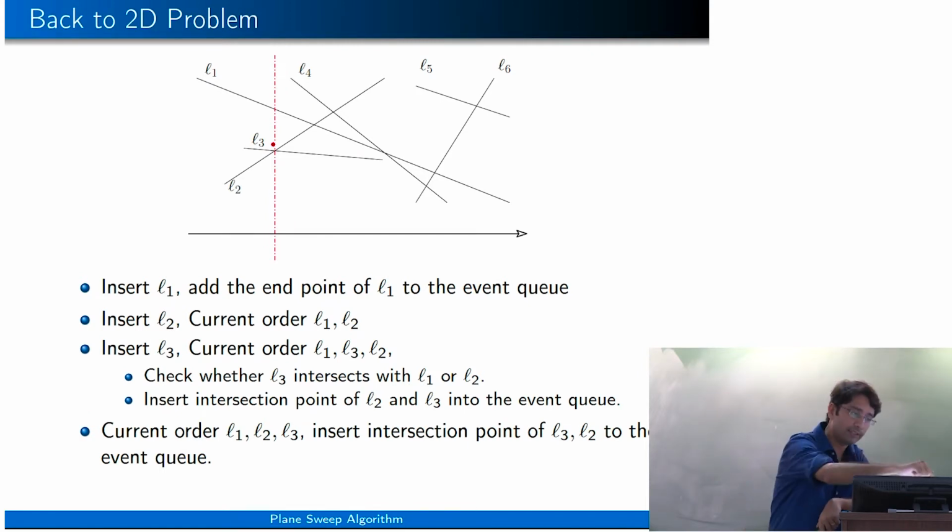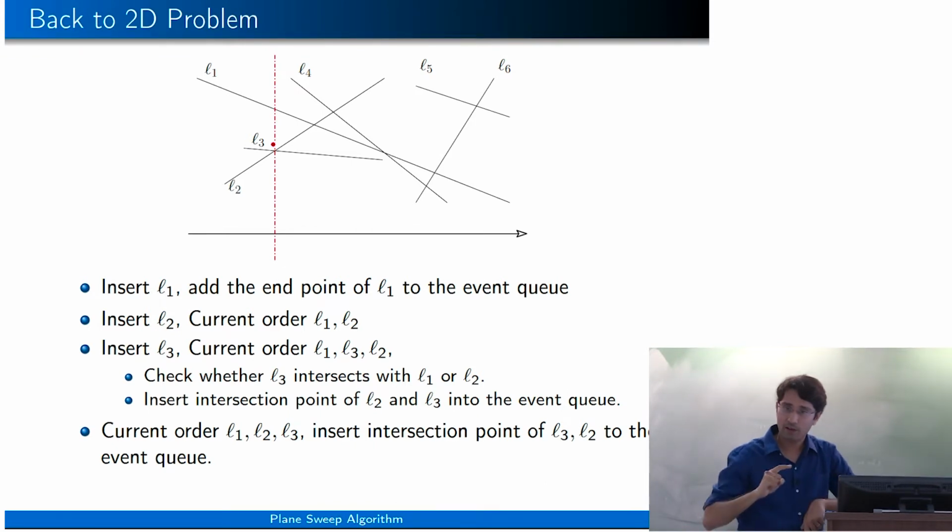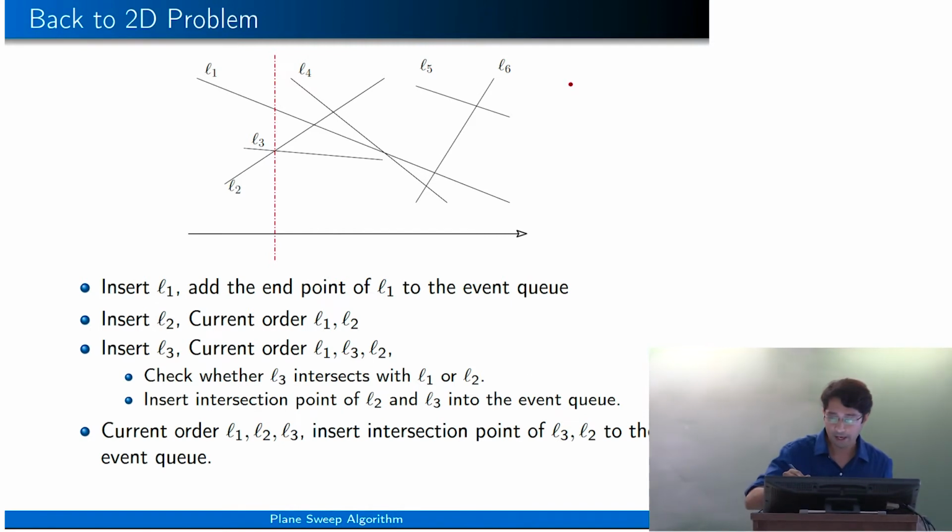The next event point is the intersection of L3 and L2. What is the ordering after this? L1, L2, L3. So what do I need to do? Previously it was L1, then L3, then L2. Now it becomes L1, L2, L3.